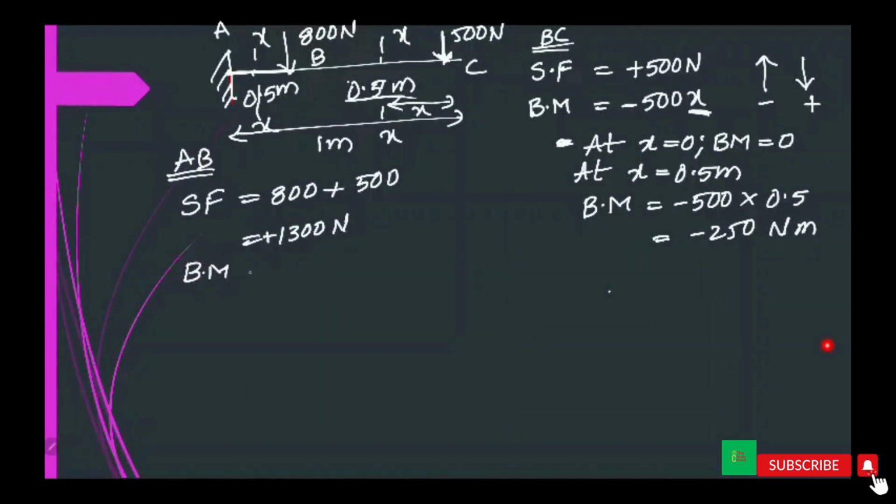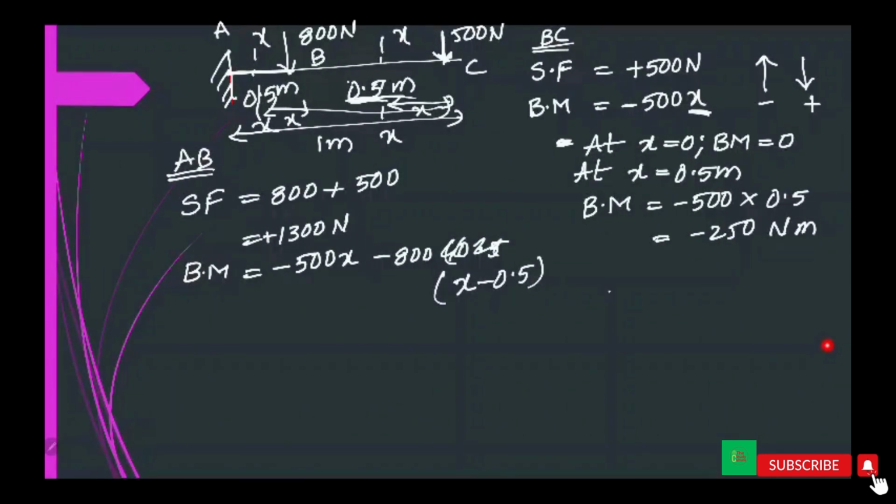Bending moment for AB: minus 500 X minus 800 into, we don't know this distance, so we can consider this as X and this as 0.5 meter, X minus 0.5. So, minus 1300 X plus 400.